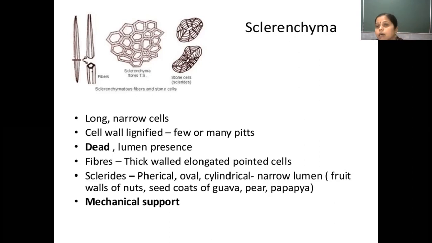Hence the fibers of the coconut are used in the coir industry, since they are rich in hard fibers which provide mechanical support. So this is about the simple permanent tissues, parenchyma, collenchyma, and sclerenchyma.